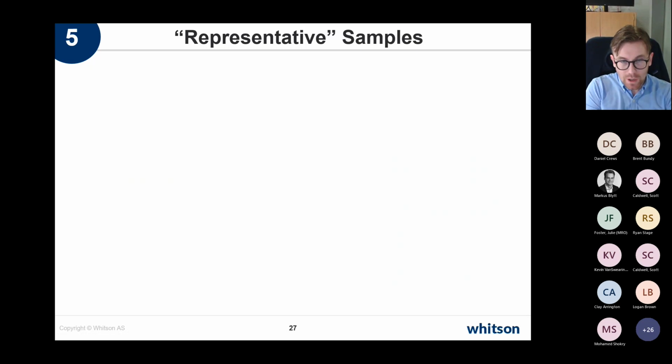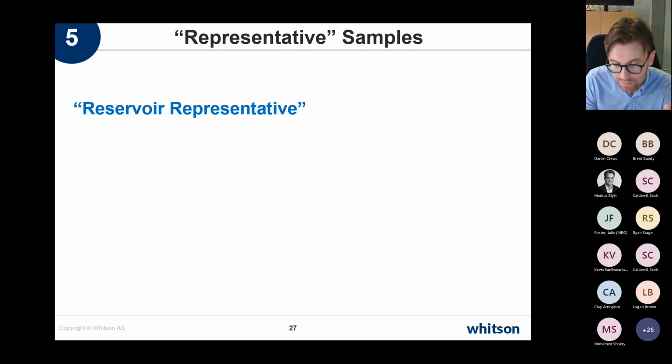The fifth vocabulary word is representative samples. That's a word we hear all the time, and it's very often misused. So we just want to have a clear definition of what representative samples is. There are 2 different types. The first one is so-called reservoir representative samples.